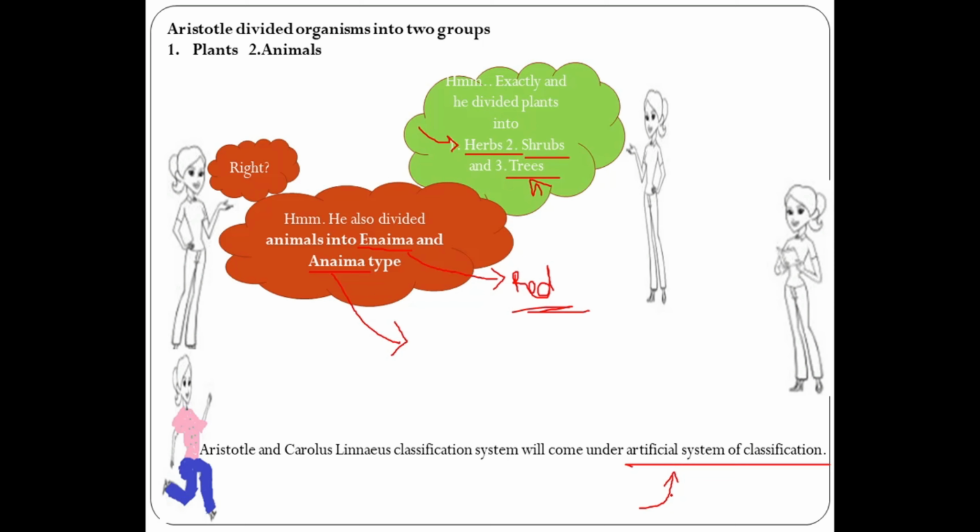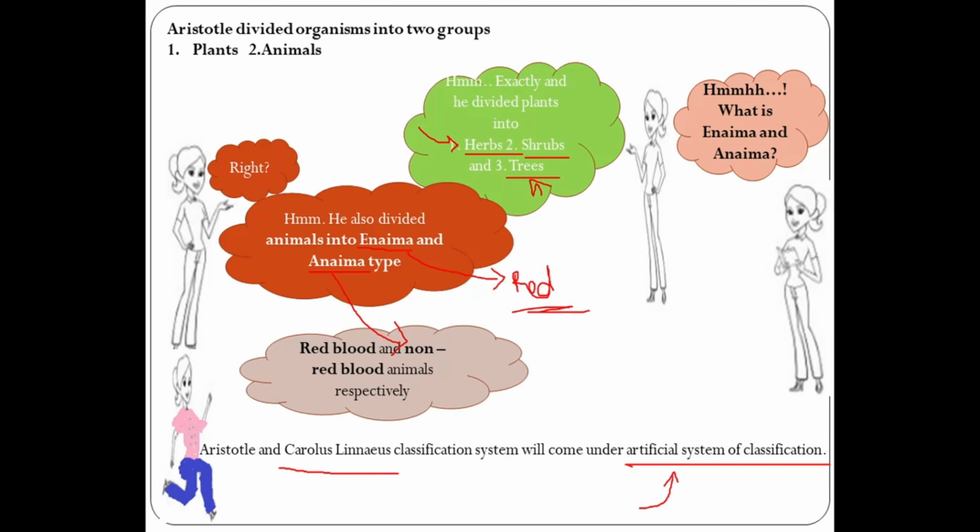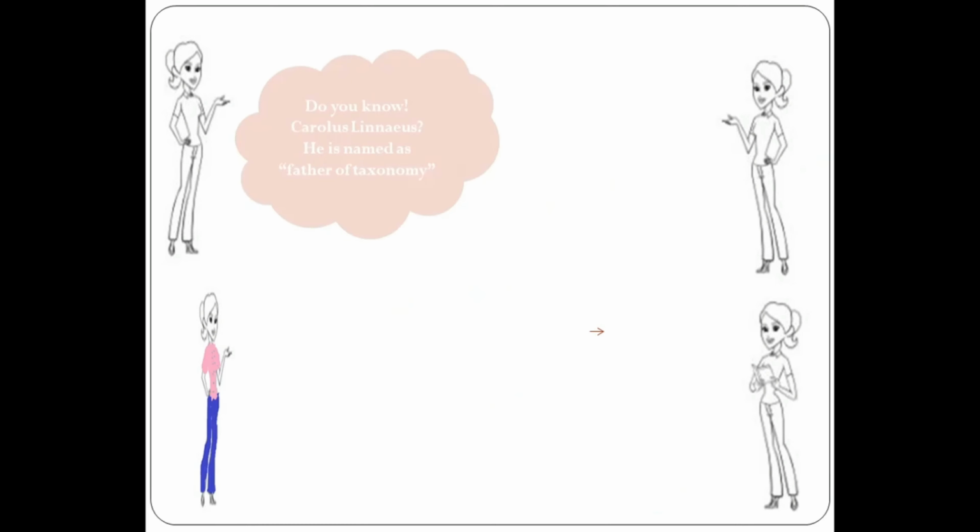They have just considered the outer characters of an organism. Just external characters they considered, and they classified the organisms. One more scientist will come here. So Carolus Linnaeus. Yes, we have heard his name in earlier classes. Carolus Linnaeus is a famous scientist who is named the father of taxonomy.